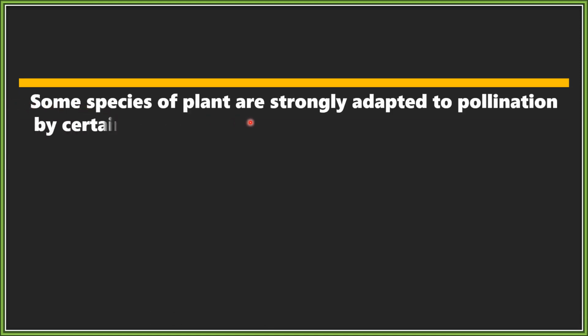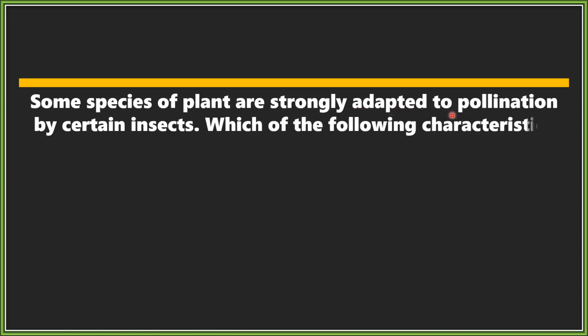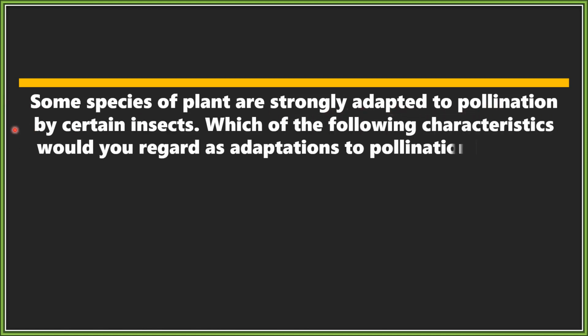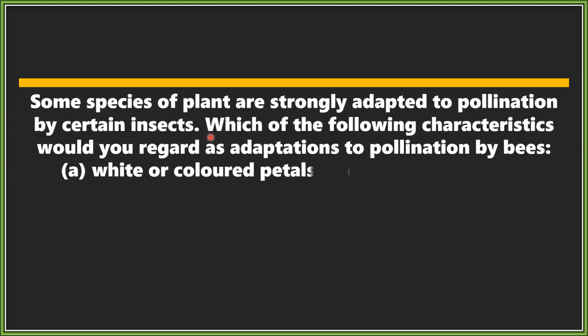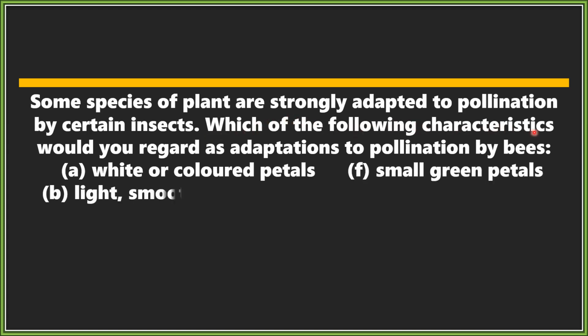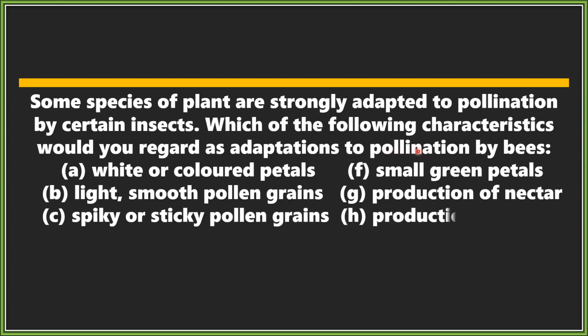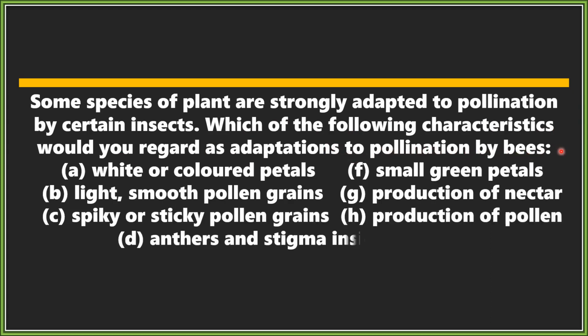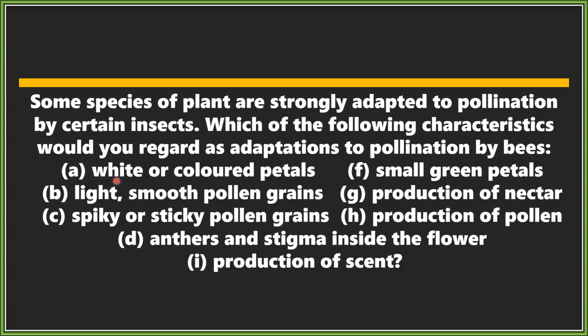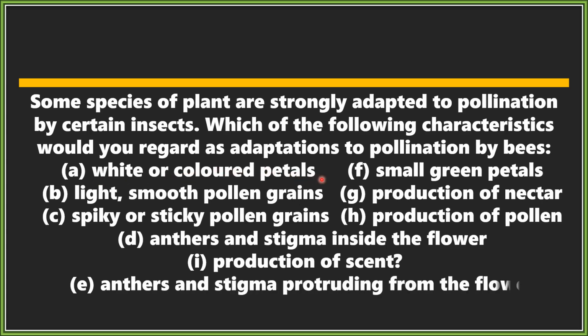Some species of plant are strongly adapted to pollination by certain insects. Which of the following characteristics would you regard as adaptation to pollination by bees? A. White or colored petals. B. Light, smooth pollen grains. C. Spiky or sticky pollen grains.